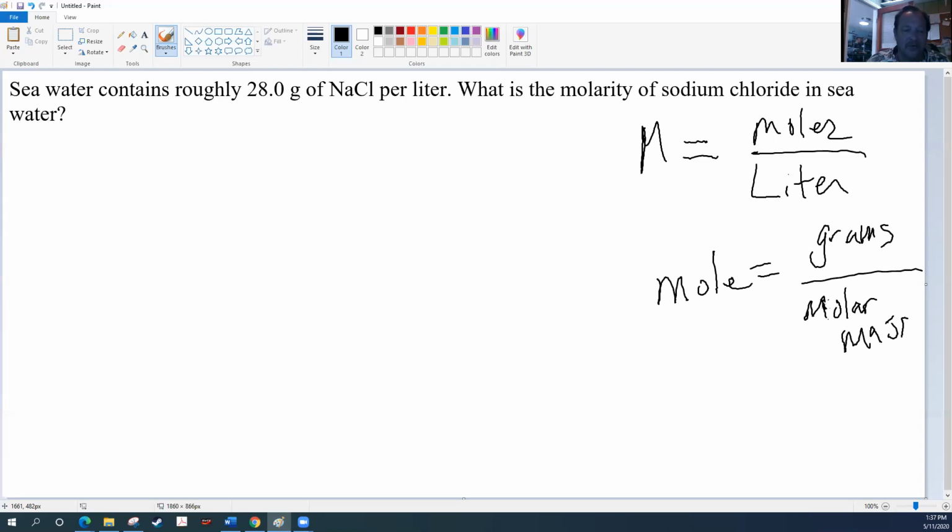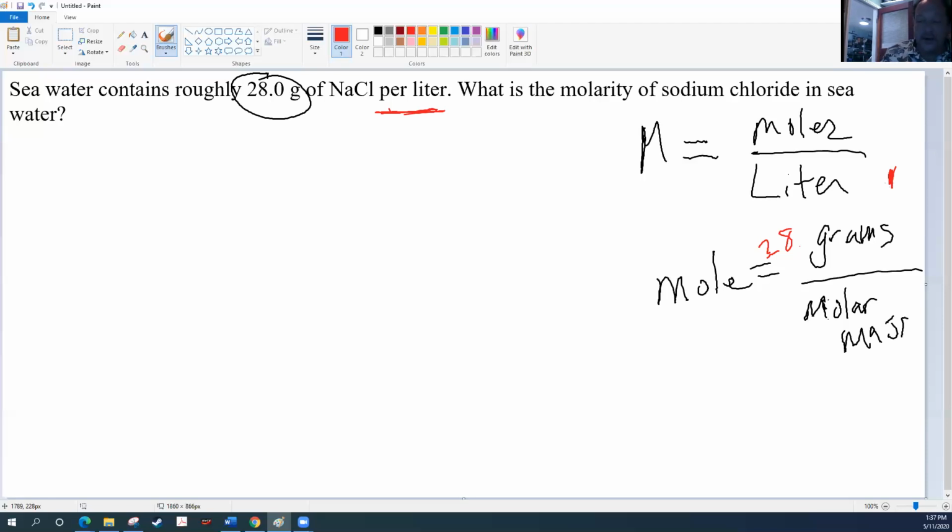Okay, so seawater contains roughly 28 grams per liter. They told us that we have 28 grams, and that is per liter. So this 28 grams is going to go right here, and we know that we have per liter, so we're only going to have 1 liter down here.